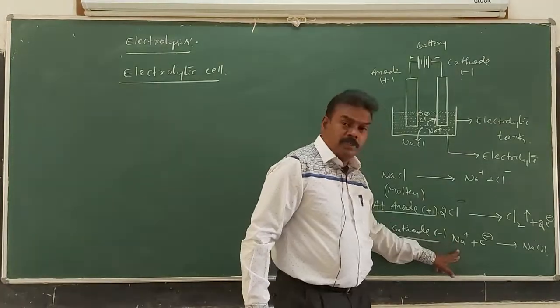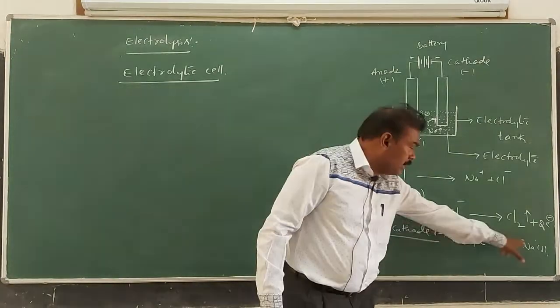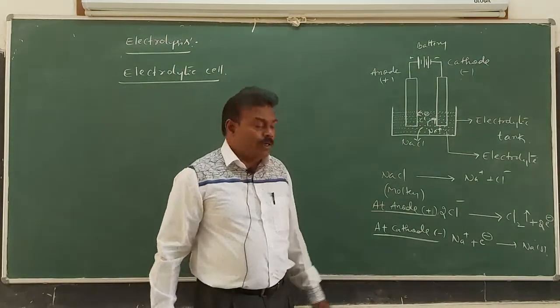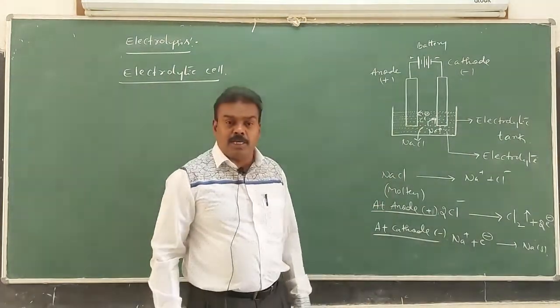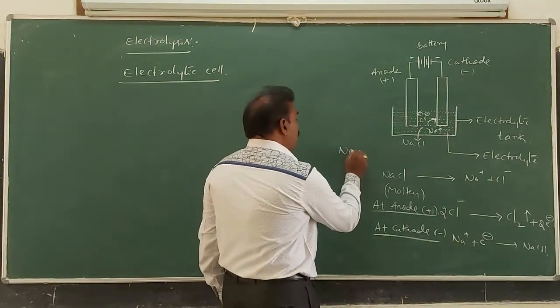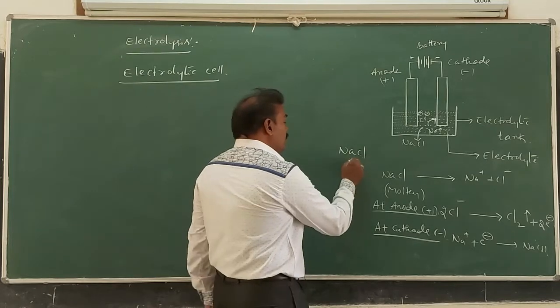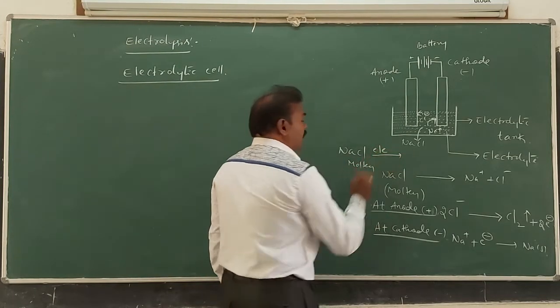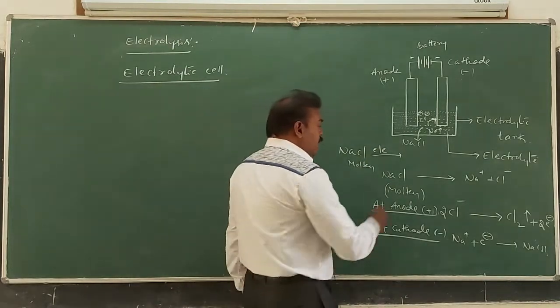Sodium ion taking the required number of electrons and forming what? Sodium solid. So in this way, we have to understand the concept of electrolysis. Now we can write the reaction. When NaCl molten solution is subjected to the process of electrolysis, what are we getting?